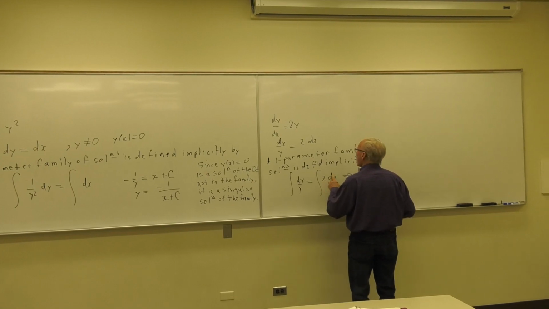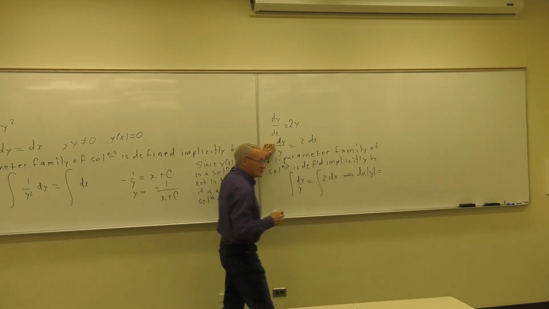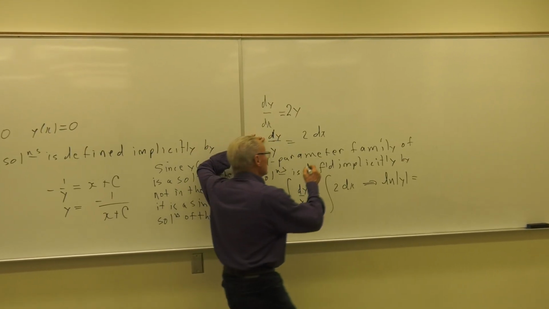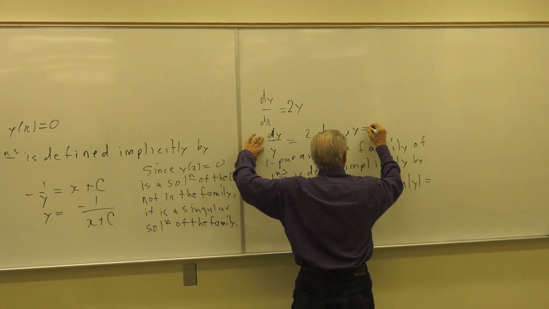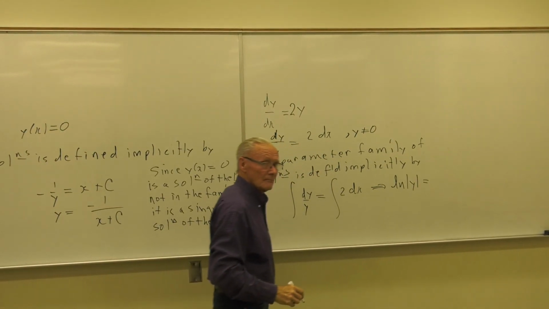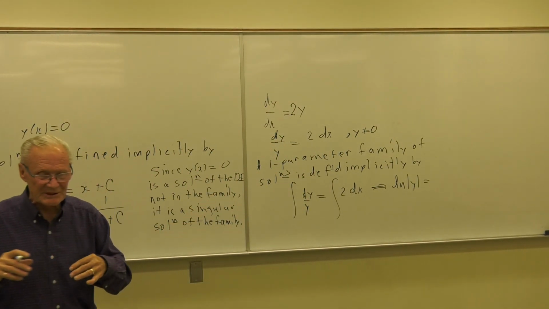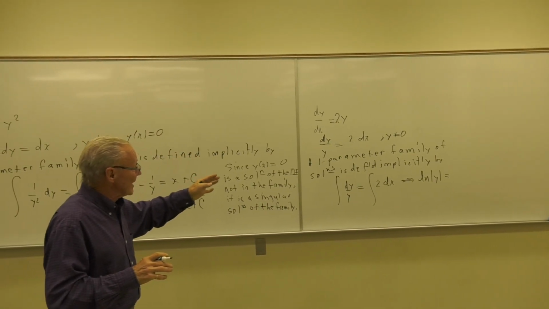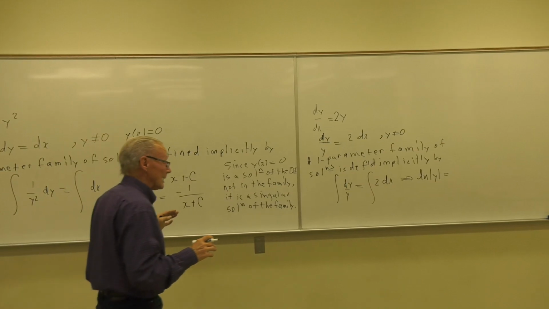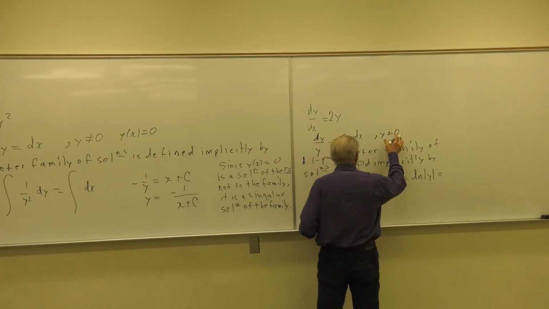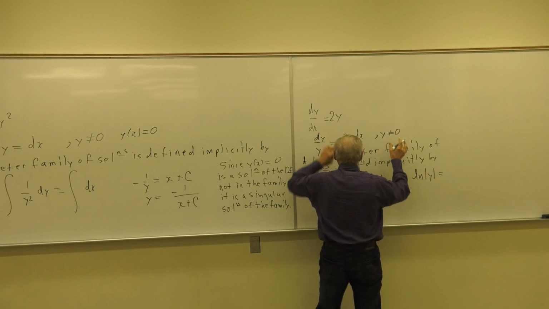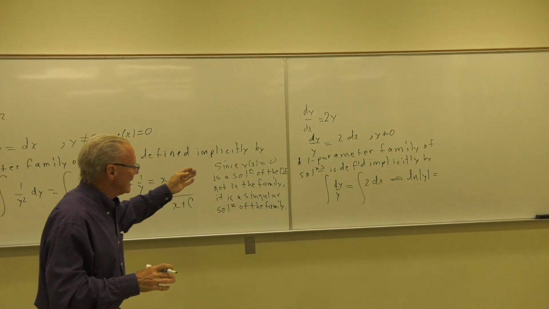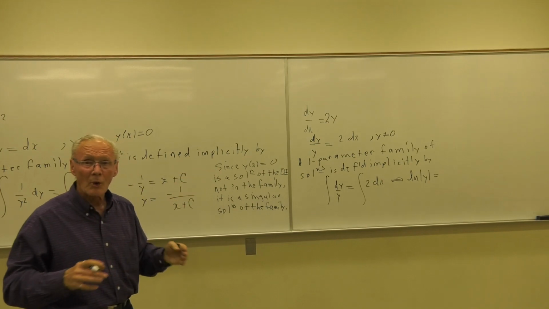Oh, I should have done something here. Since I divided by y, I should have put here y not equal to 0. Again, I got that same function as a potential function that might or might not be in my family, and it indeed is a solution. y equal to 0 does satisfy this differential equation. It remains to be seen whether it ends up being in my family or not.